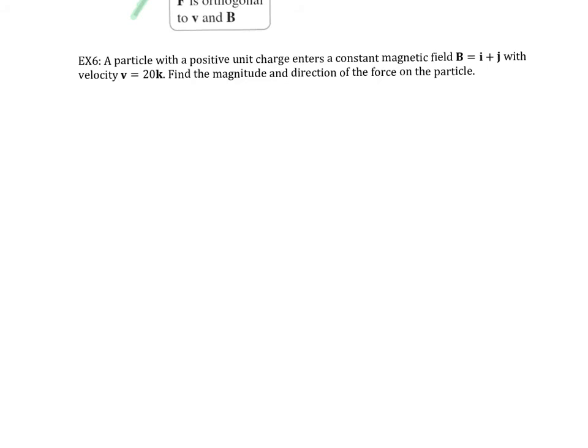All right, so I want to find the magnitude and the direction of the force. So our force vector, going back to what we looked at before, is going to be equal to Q times V cross B.